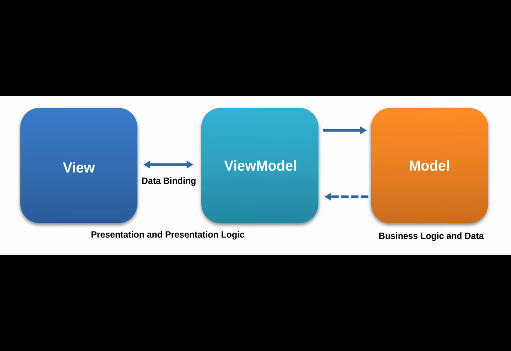What's important here is that the model shouldn't know about the view model or the view. He knows about nothing except the data that's inside of himself. The view model only knows about whatever model he's consuming, and it could be more than one. The view model does not know about the view. That's what's important there. And the view only knows about the view model.